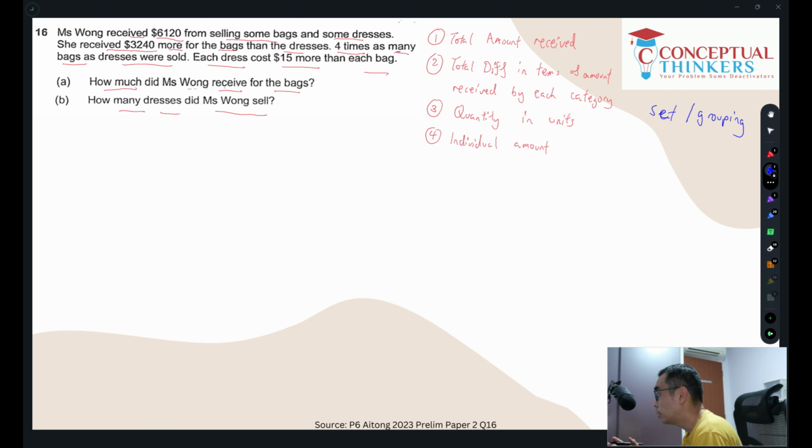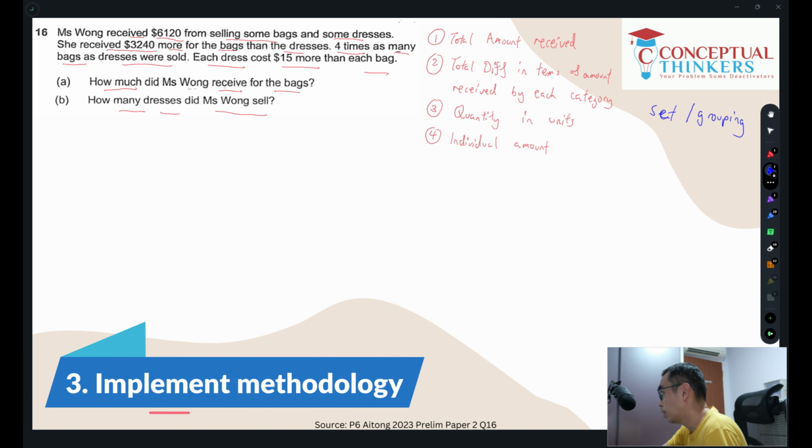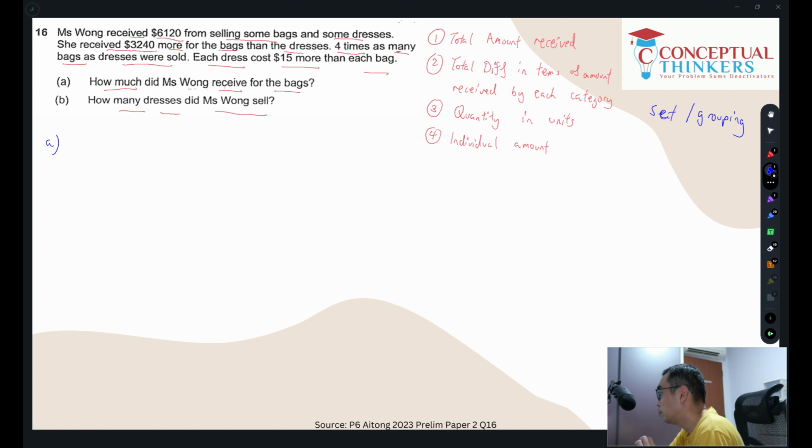With this, we can continue to solve the question and implement the methodology. For part A, they ask how much Ms Wong received for the bags. Let's draw a model so that you can visualize it.